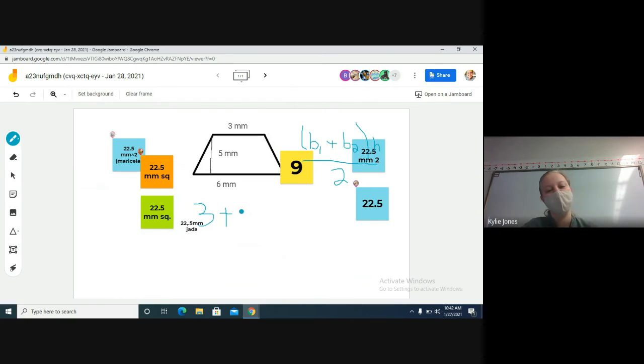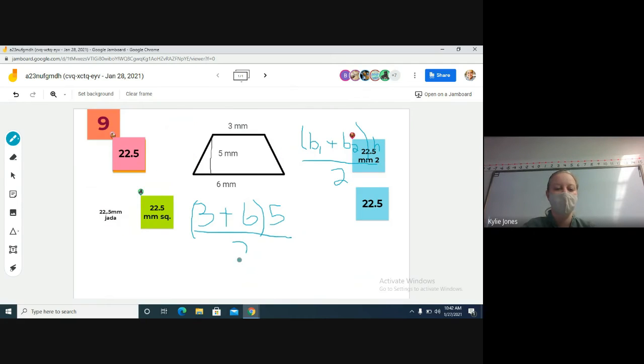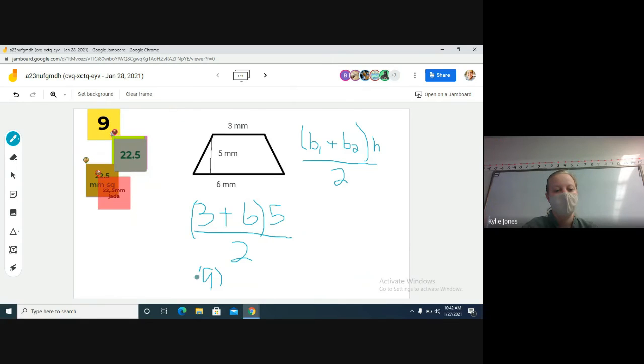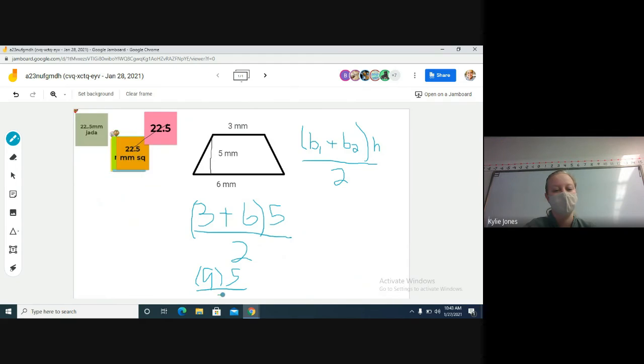Base 2 would be 6. 3 plus 6, and then we need to multiply those by our height, which is 5. Then we'll divide it all by 2 at the end. So 3 plus 6 is what? 9. We need to multiply 9 times 5, and then we'll divide by 2 at the end.